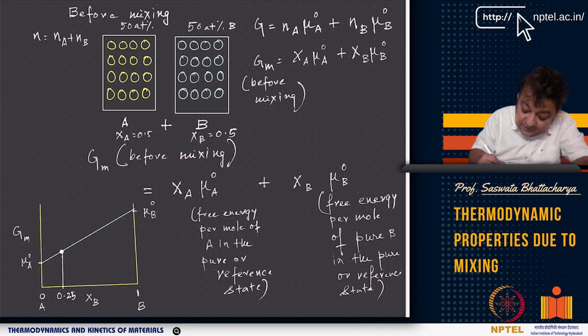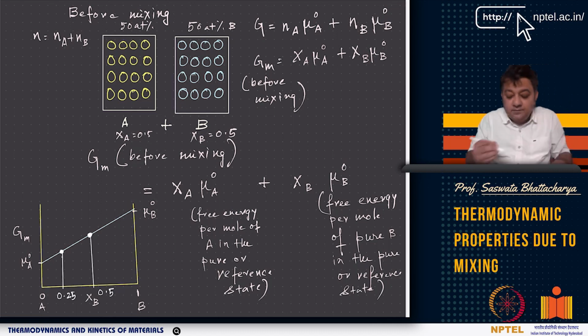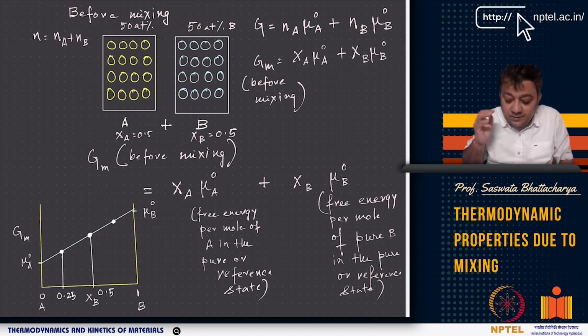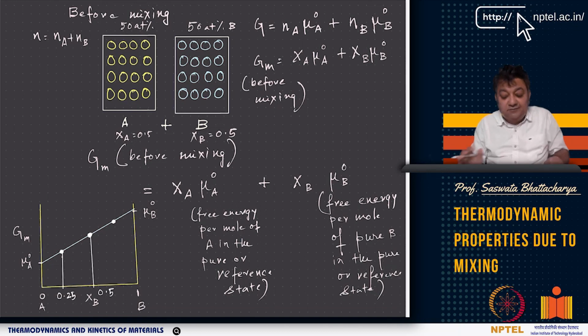Now say here xB is 0.5. Then this is, again, the Gm before mixing. All of these points that lie on this line for different xB are basically a mixture of A and B, but A and B have not yet mixed to form a random solution.